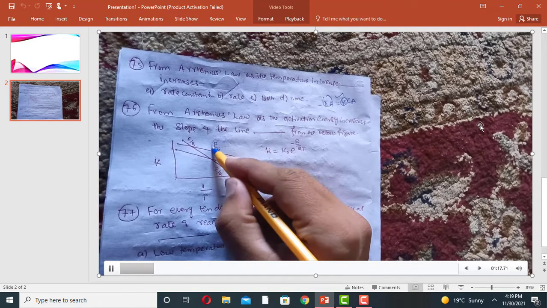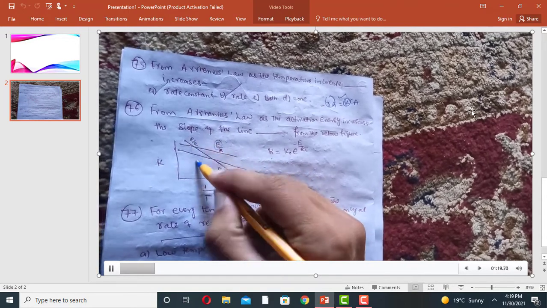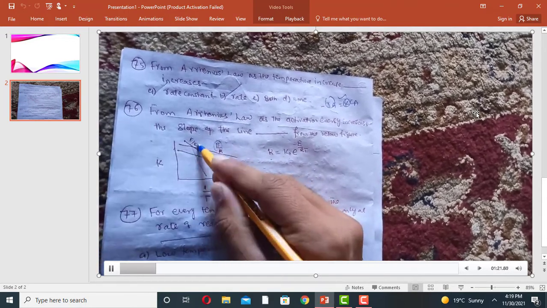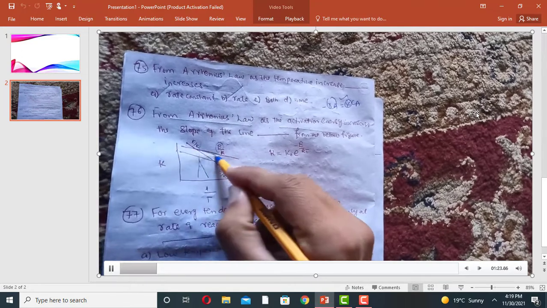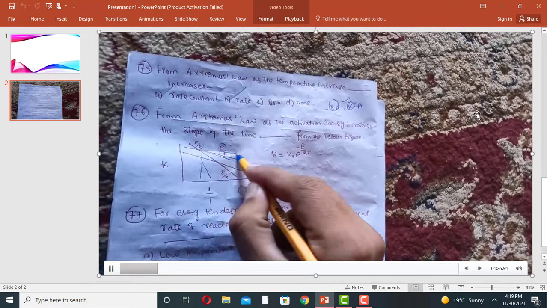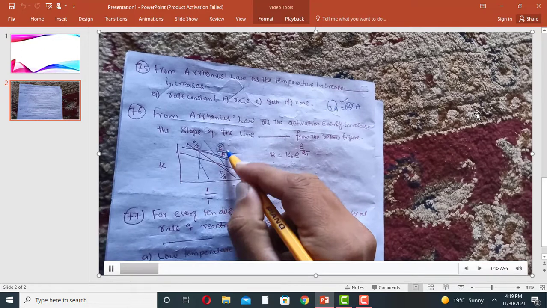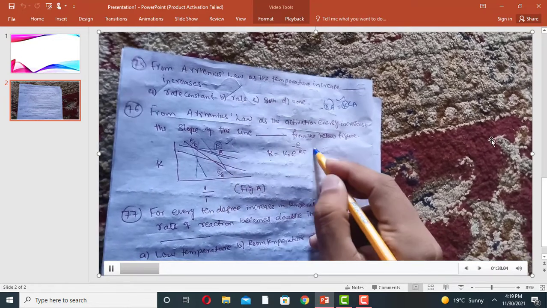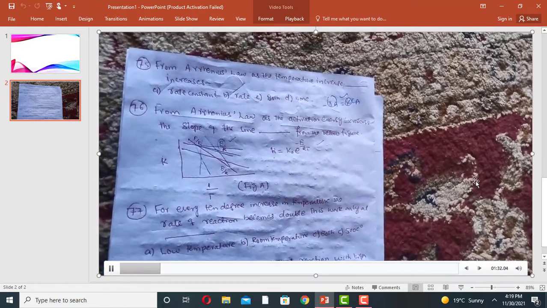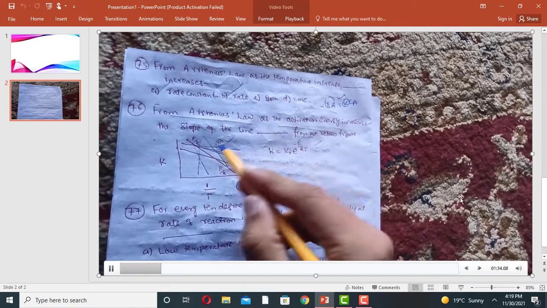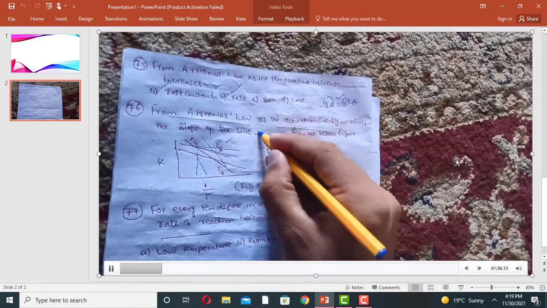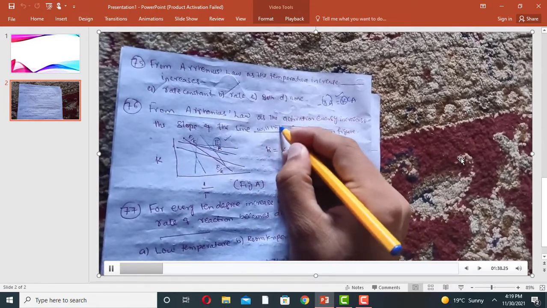As this activation energy increases, the slope will also increase. As the activation energy decreases, the slope will decrease. As the activation energy increases, the slope E by R will increase. So as the activation energy increases, the slope of the line will increase.